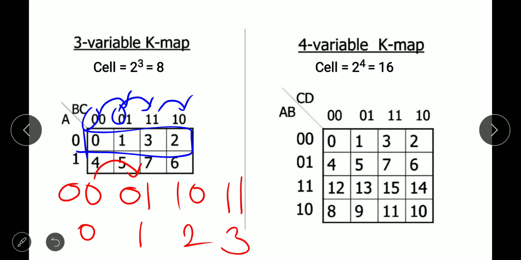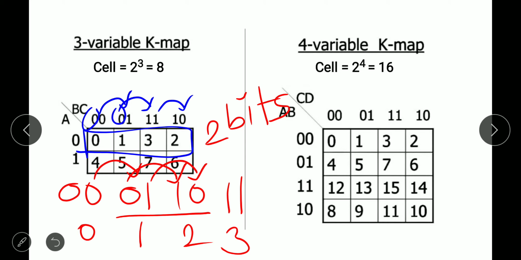In the second and third, 0 is converted to 1, and this 1 is converted to 0. That means here 2 bits are changed. But we don't have to change 2 bits, we have to change only 1 bit. So that sequence is not possible, and we have to write 0 1 3 2.